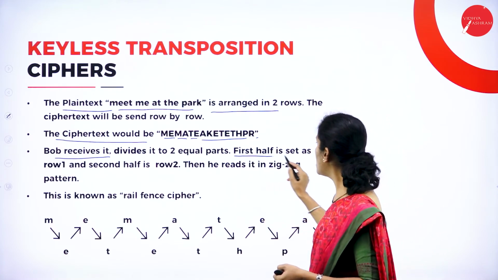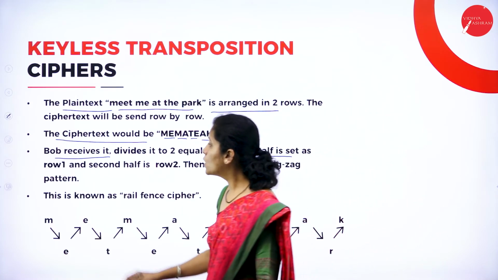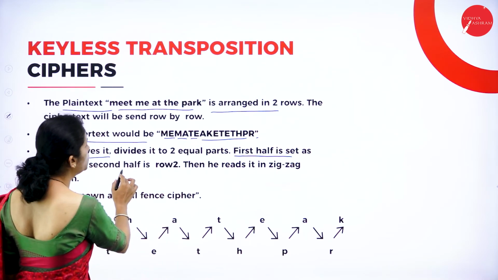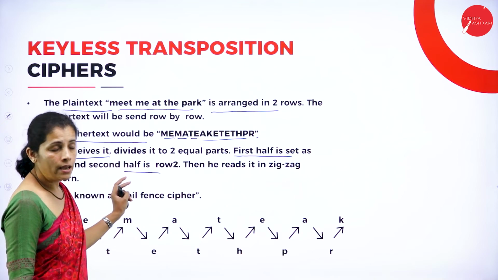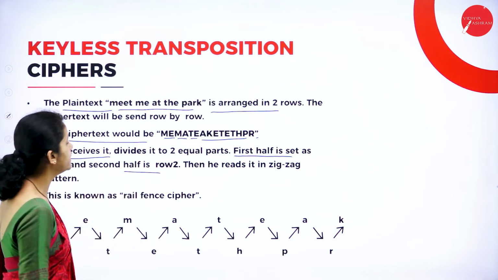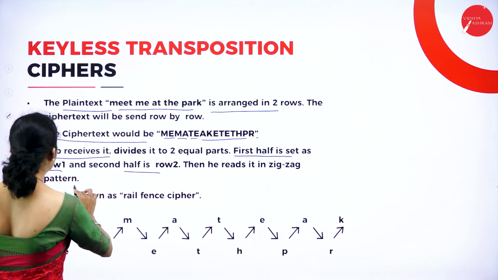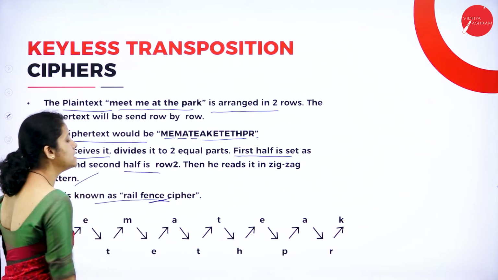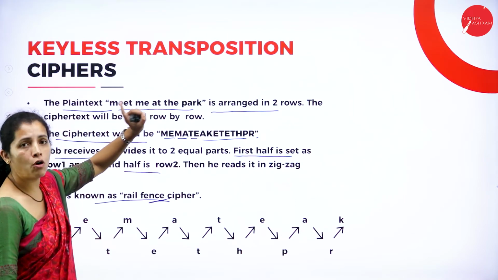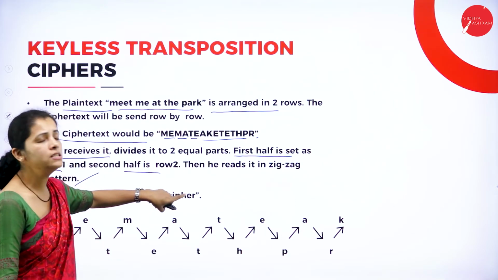First half is set as row 1 and second half is set as row 2. Then he reads the text in a zigzag pattern, and it's also known as rail fence cipher. So keyless cipher is also known as rail fence cipher.